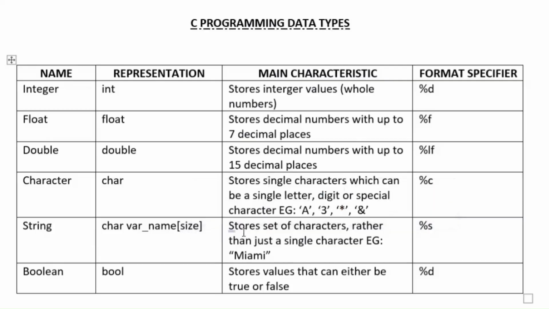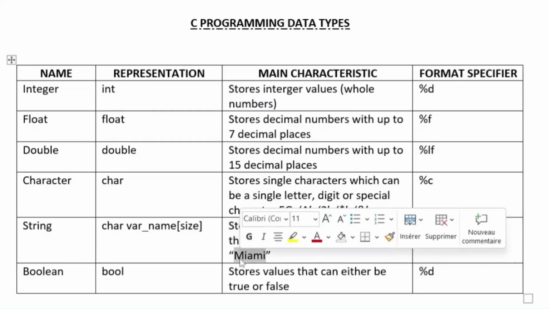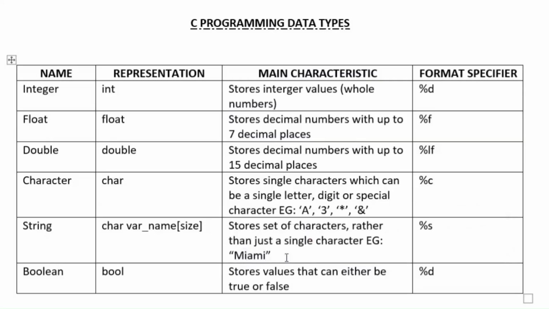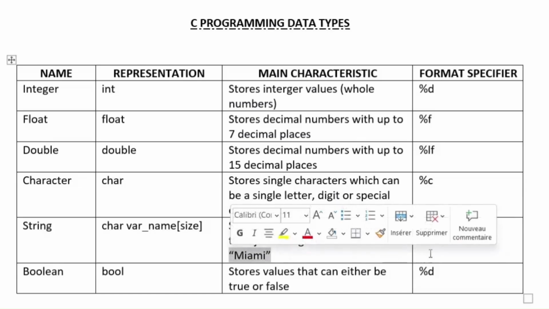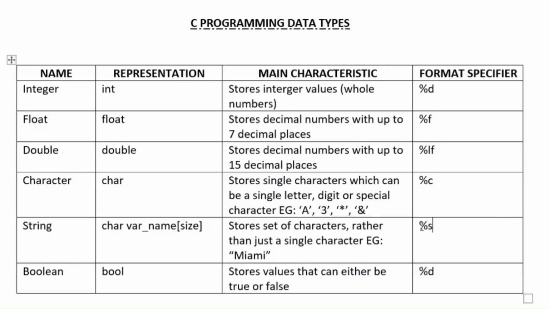And as we see, the main characteristic, as I said, is that it stores sets of characters rather than just a single character. For example, we have a set of characters that form the word Miami, which is the name of a popular city, and this means it is a string. And for strings, instead of single quotes, we write them within double quotes, and the format specifier for strings is %s.